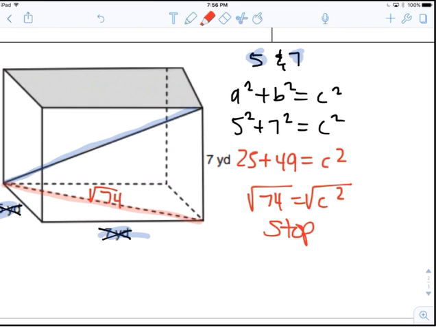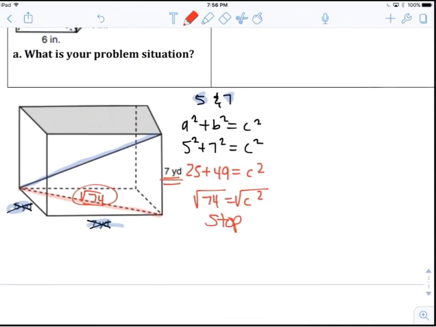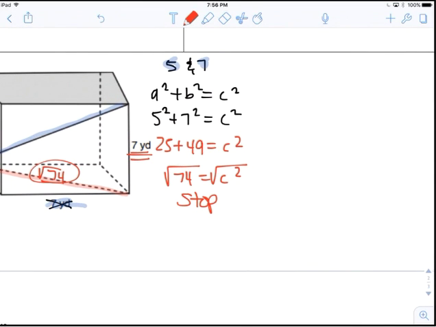Now you use the last number that you didn't use, the height. This is our new number. You use the square root of 74 from here, and this last number 7, that's 7 yards.